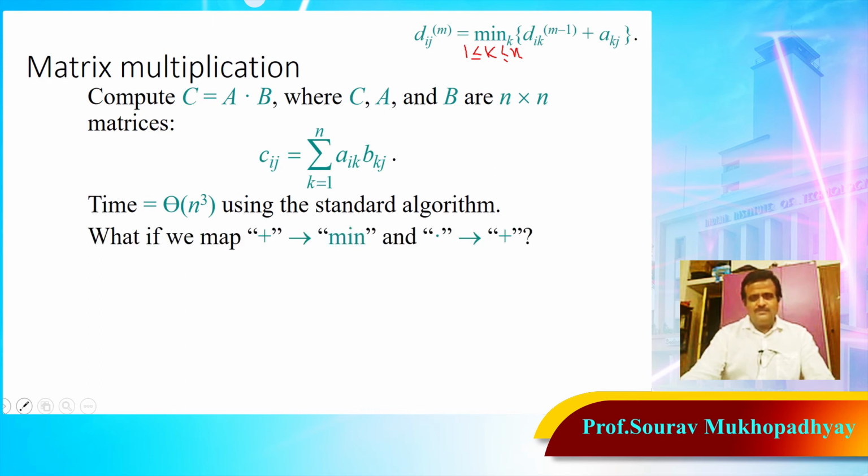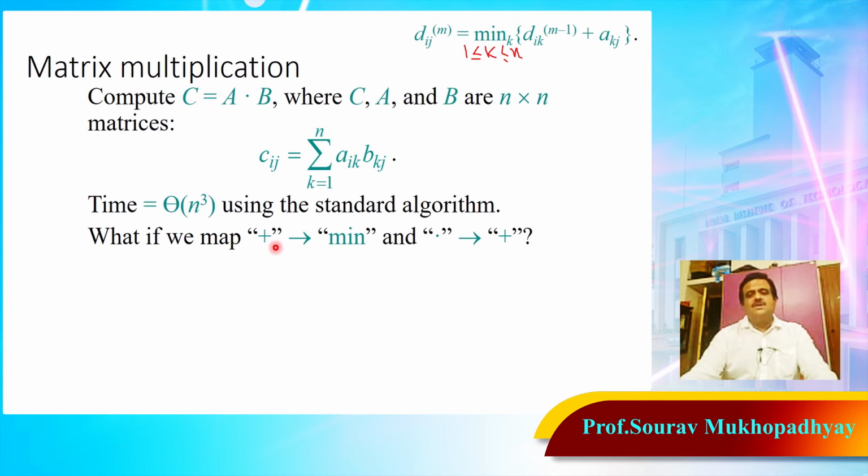For that, let us map the operations. Here we are doing minimum, and here we are doing sum, and this is for k equal to 1 to n, and this is also for k from 1 to n. So, if we think of this sum as a minimum, and this plus as the product, then this is nothing but a matrix multiplication between d_ik^(m-1) and a_kj. This B_ij is basically A_kj.